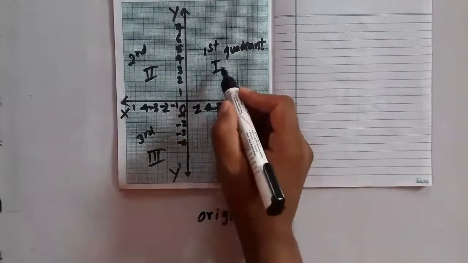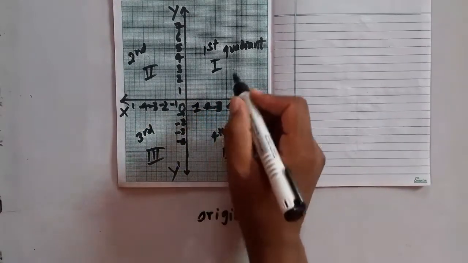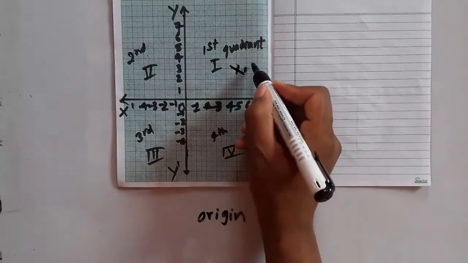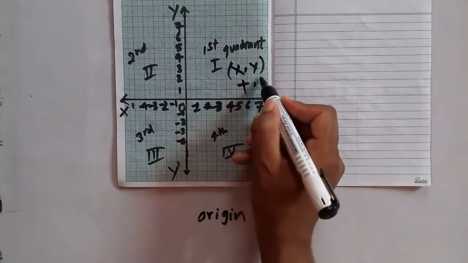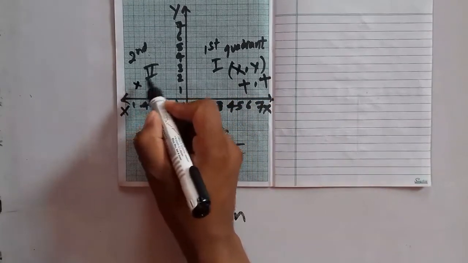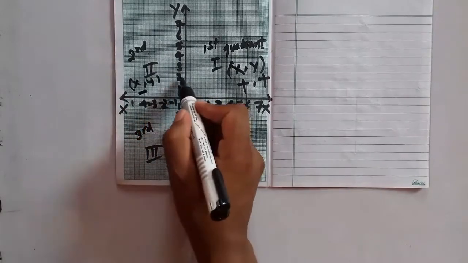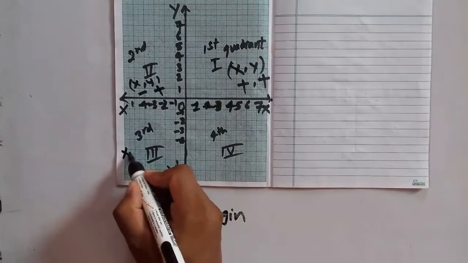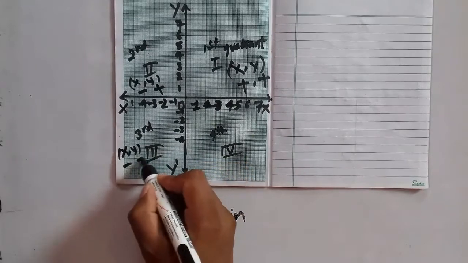In first quadrant, any point that we plot here will have both positive signs, X also and Y also. In this quadrant, X has negative sign and Y has positive sign. In this, X has negative sign and Y also has negative sign.